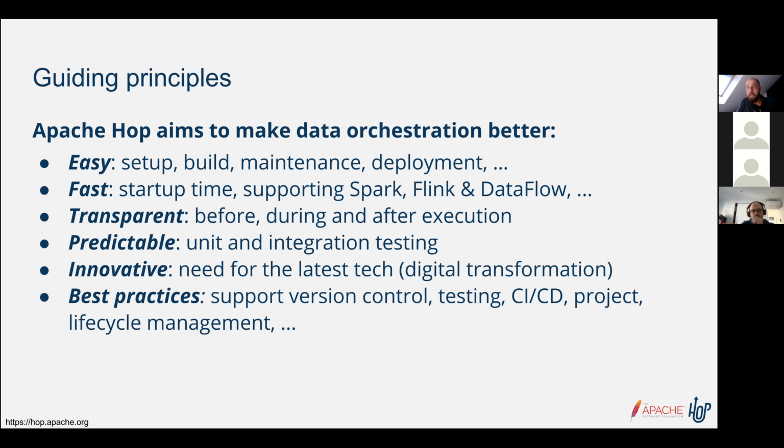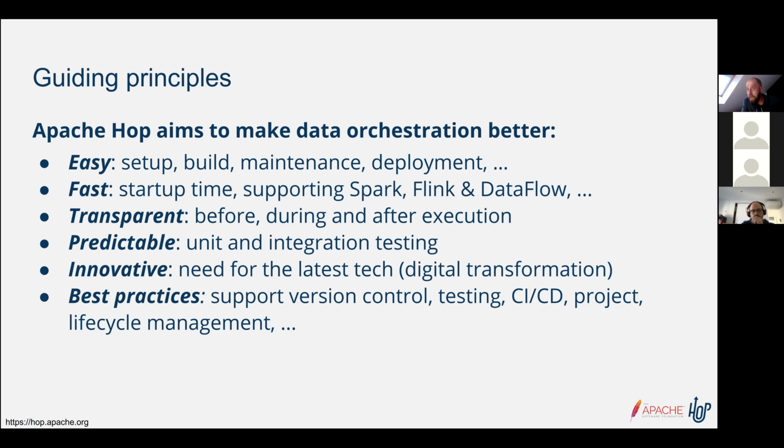And transparency is another important one. It has to be clear what the status of a pipeline of your data is before, during, and after execution. Same for predictable. A transform in a pipeline always has to return the same results, and that's where unit and integration testing of the pipelines come in. Innovative.